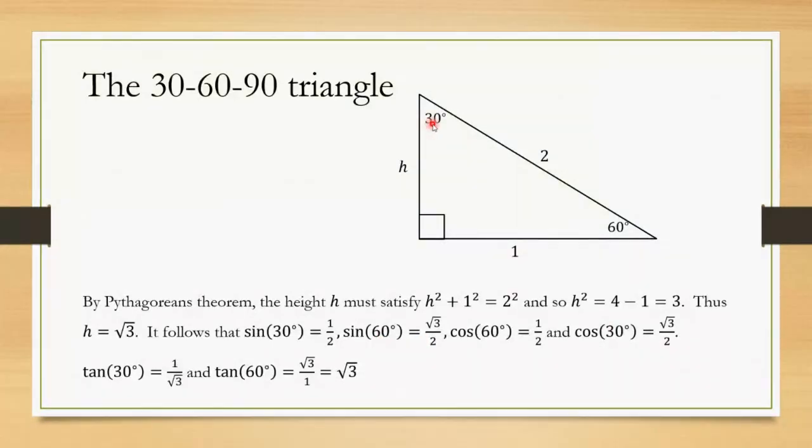And then tangent, the same idea. Tangent of 30 degrees is opposite, 1, over adjacent, h, but h is radical 3, so 1 over radical 3. Tangent of 60 degrees, that's opposite over adjacent, h over 1, h is radical 3.